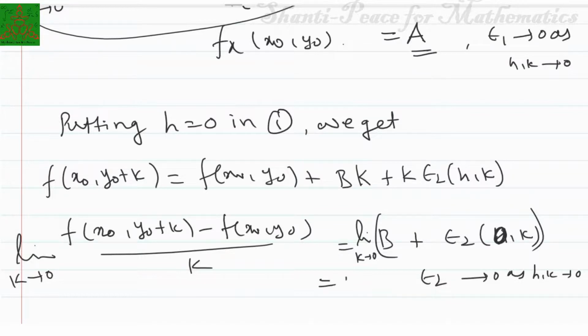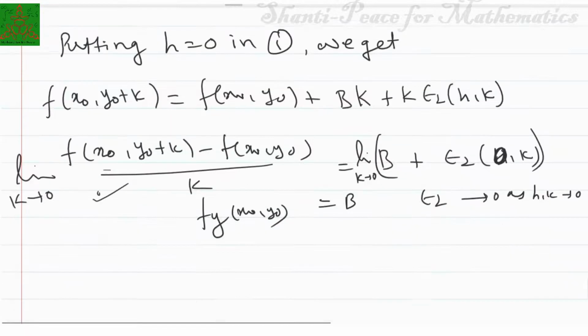So this will give b, and on this side it is fy at (x0, y0), because this is the definition of the partial derivative of f. So fx and fy exist if f is differentiable. That completes the proof of this result.